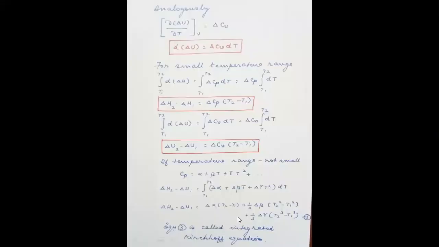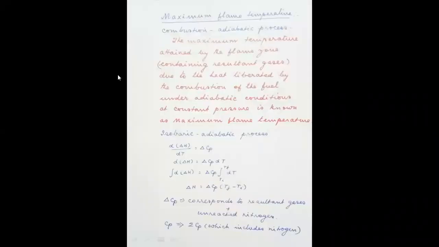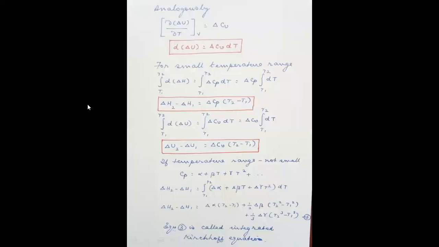Now, look here. So it becomes d delta U is equal to delta Cv dT.